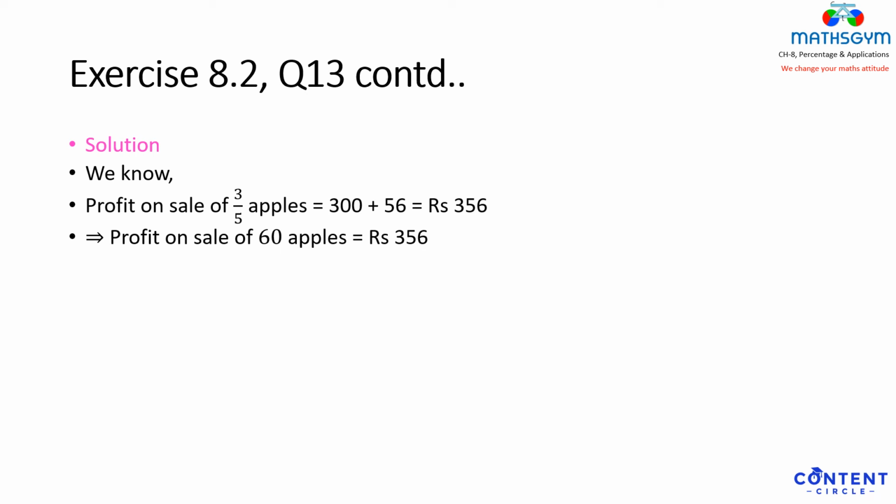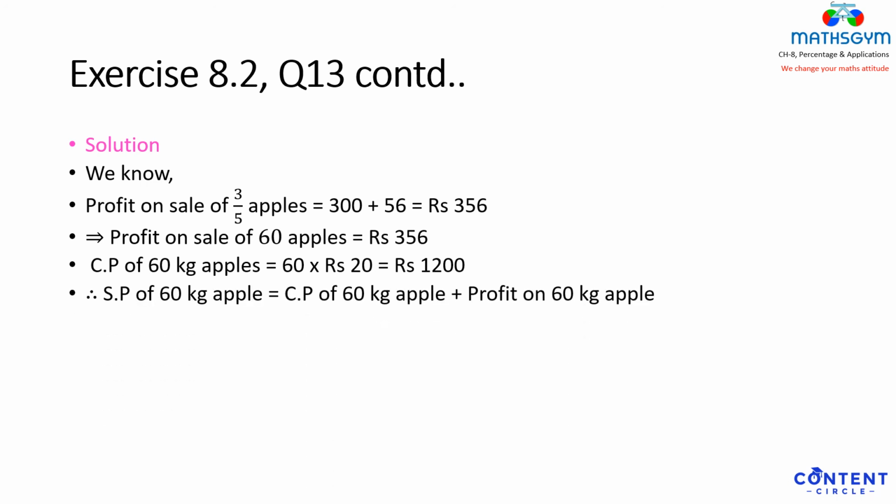is 356. CP of 60 kg is how much? You know 20 rupees per kg is the cost. So CP of 60 kg apple is 60 into 20, which is rupees 1200. So SP of 60 kg apple will be equal to CP of 60 kg apple plus profit on 60 kg apple, right?